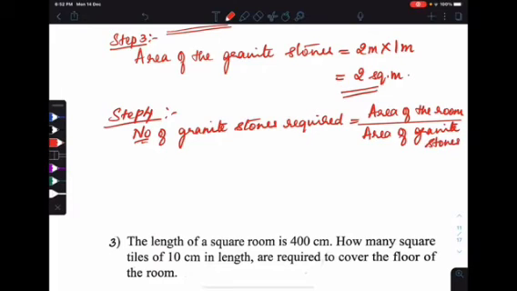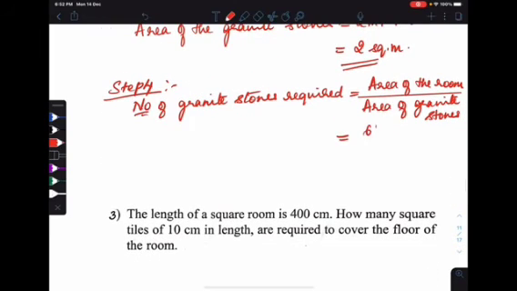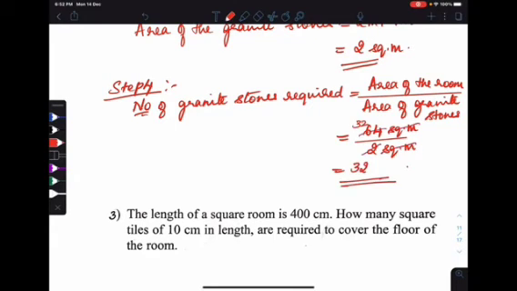Correct, children? What did we find out? Area of the room is 64 square meters divided by 2 square meters, which is the area of the granite stone. So how much does it come up to? 64 divided by 2 is nothing but 32 granite stones.